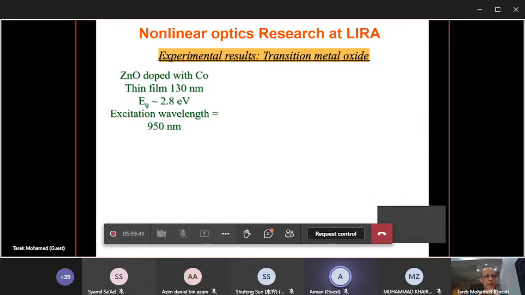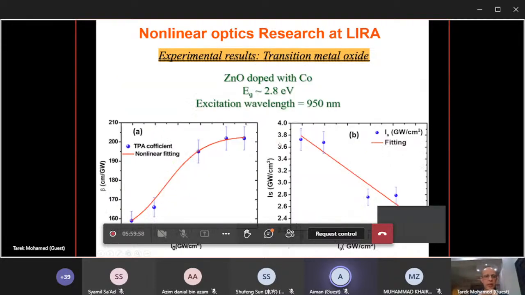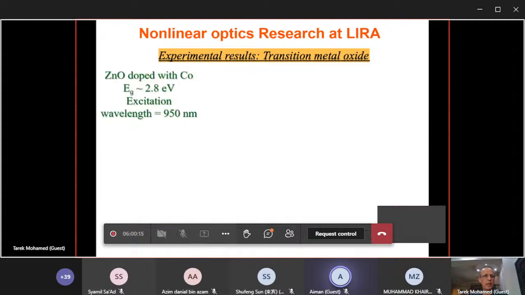Also, we studied zinc oxide doped with cobalt, and the thin film was 130 nanometers. Excitation keeps the wavelength at 950, and here are the open aperture transmission curves. From this, we can get the nonlinear absorption as a function of the intensity at constant excitation wavelength, and the saturation intensity as a function of the intensity.